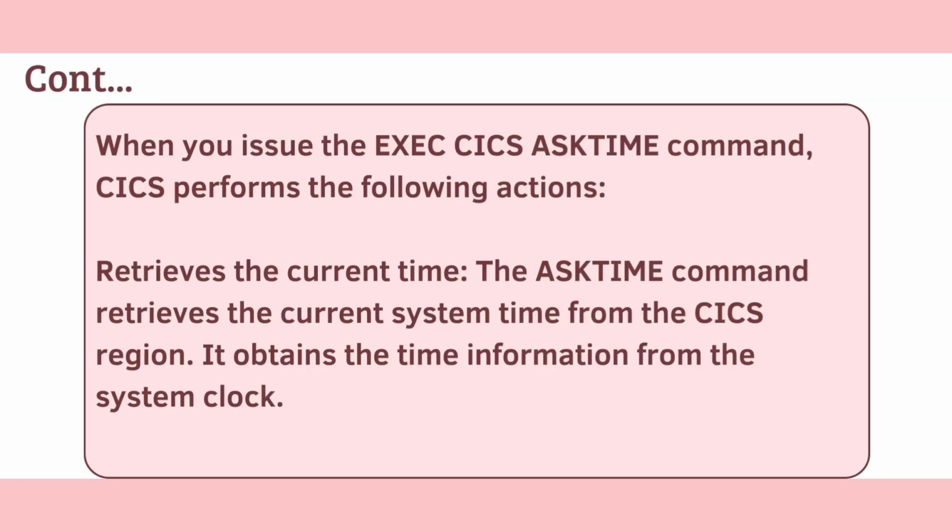When you issue the EXEC CICS ASKTIME command, CICS performs the following actions. It retrieves the current time. The ASKTIME command retrieves the current system time from the CICS region. It obtains the time information from the system clock.